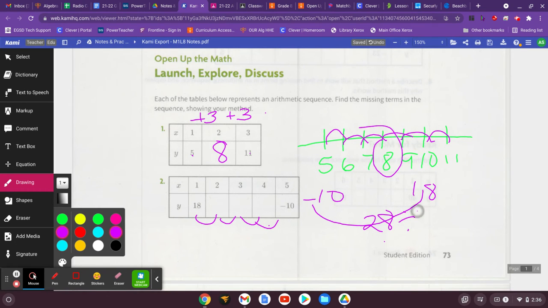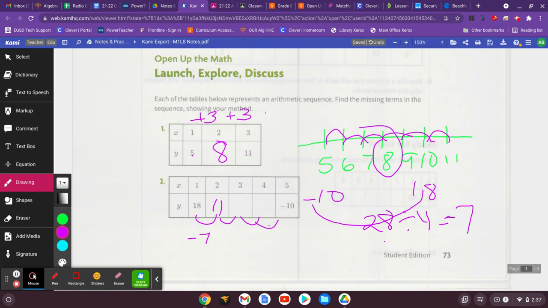If I divide 28 by 4, that equals 7. So let's try that. 18 plus 7, 25. Oh, wait, minus. We're subtracting. Minus 7. So 18 minus 7 is 11. 11 minus 7 is 4. 4 minus 7 is negative 3. Negative 3 minus 7 is negative 10.